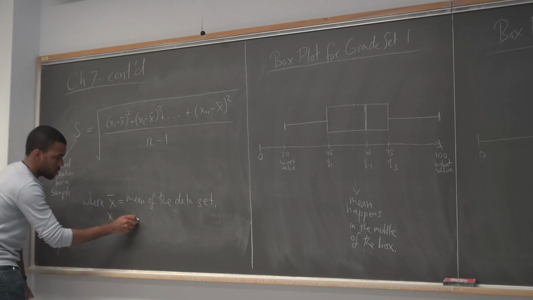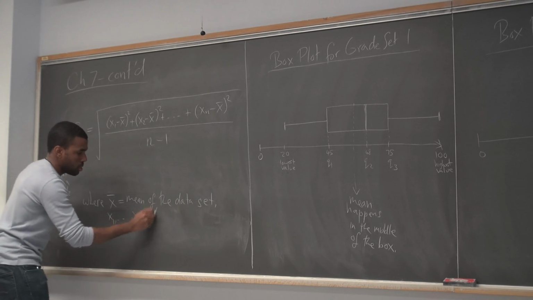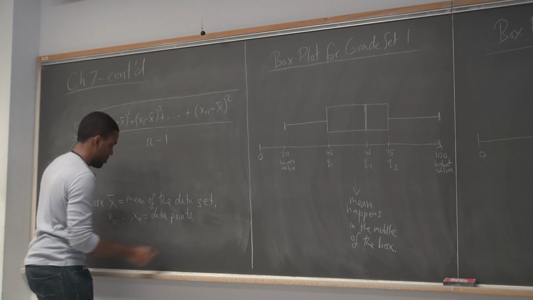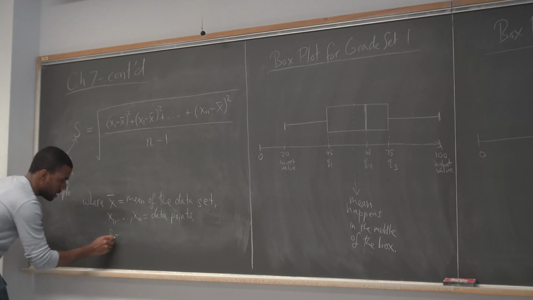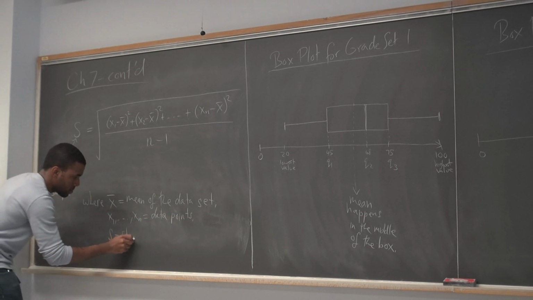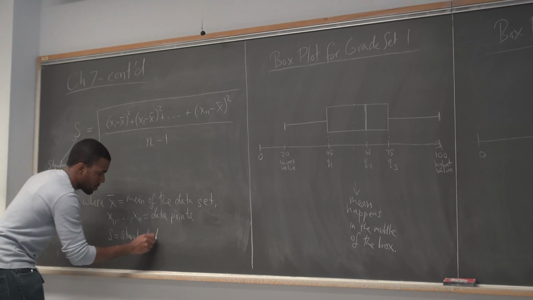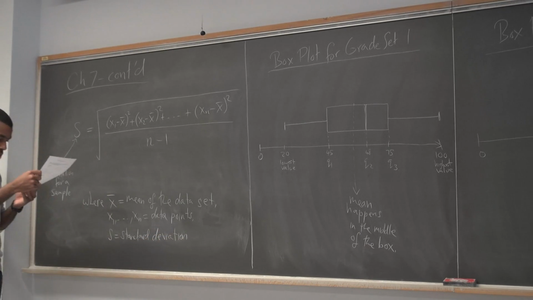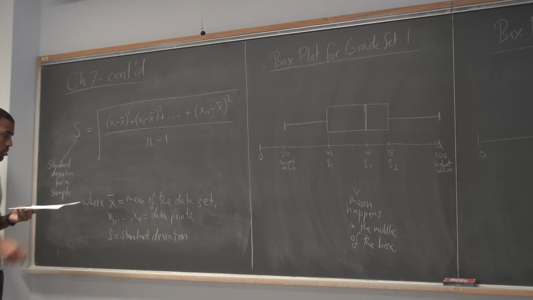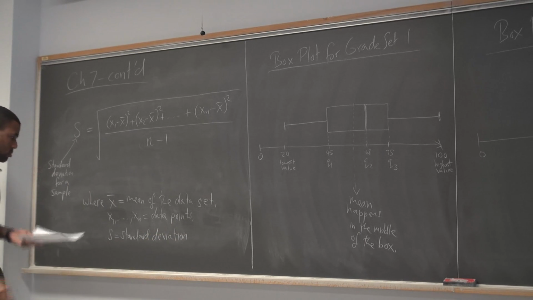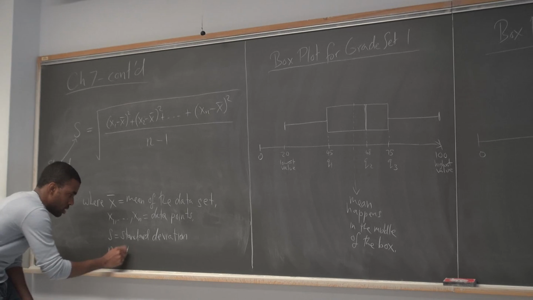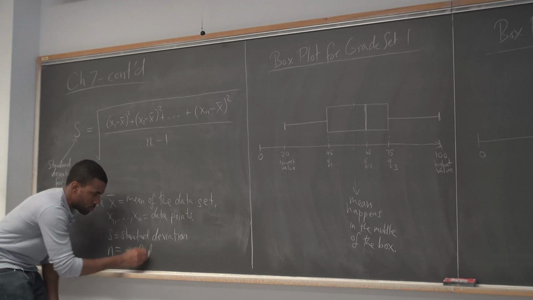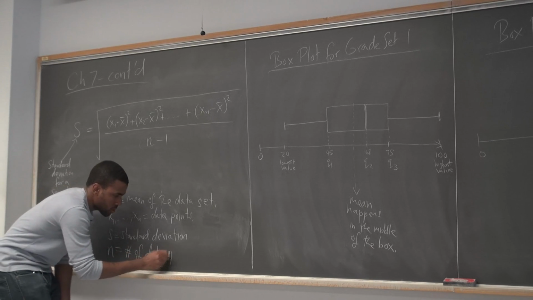x1 to xn are the data points. There are n of them. Little s is the standard deviation. n is the number of data points in the sample.